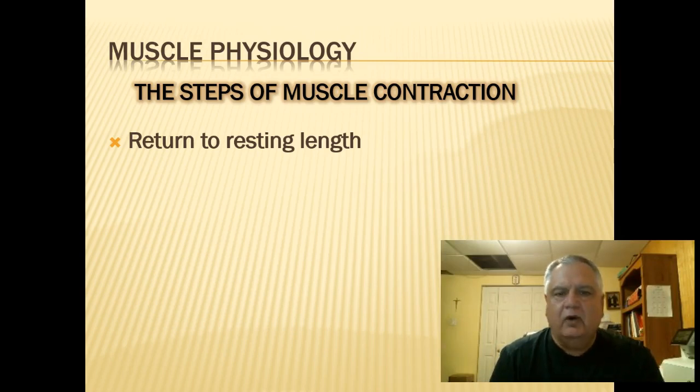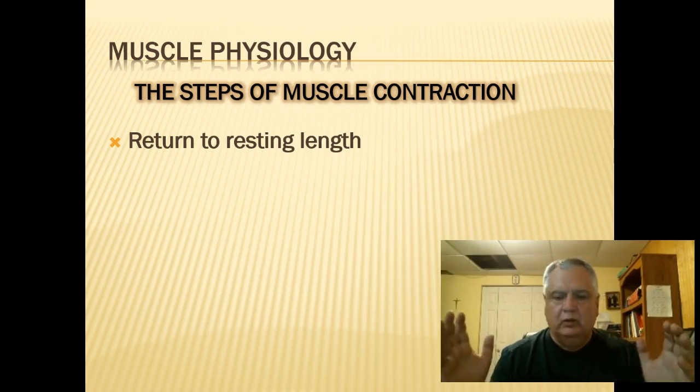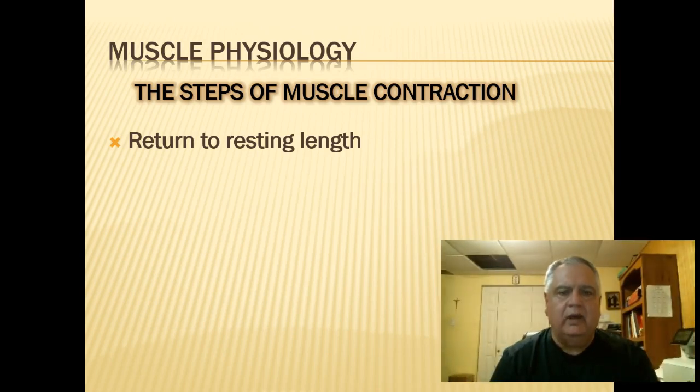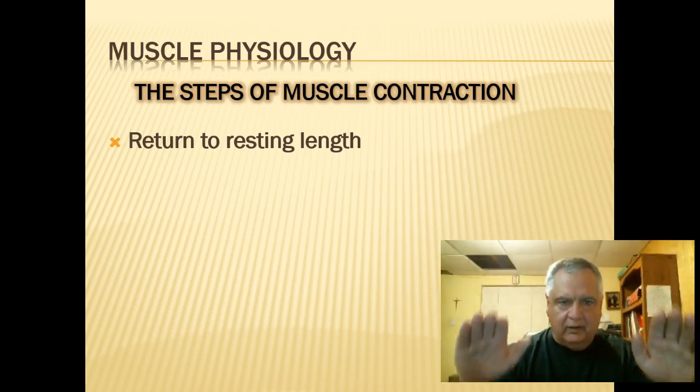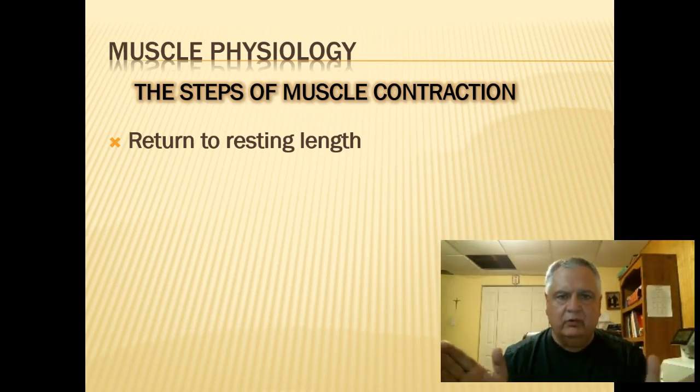Okay, so let's say that we want a muscle to undergo contraction. We stimulate it with an action potential from a motor neuron. The action potential spreads across the surface of the muscle fiber, enters the muscle fiber through the T tubules, spreads across the sarcoplasmic reticulum, and short circuits the calcium pumps.